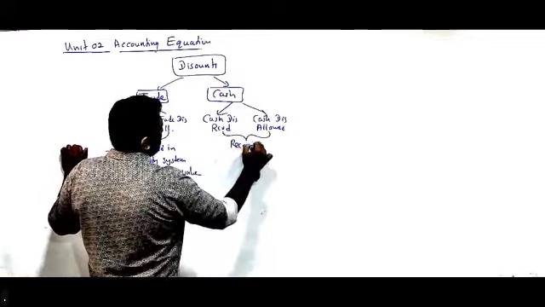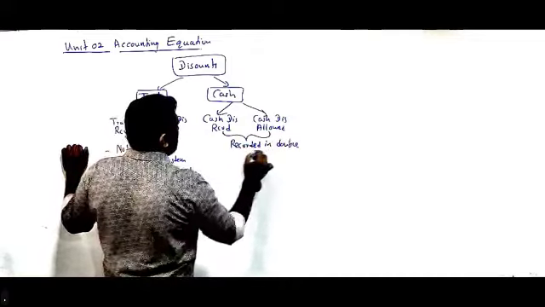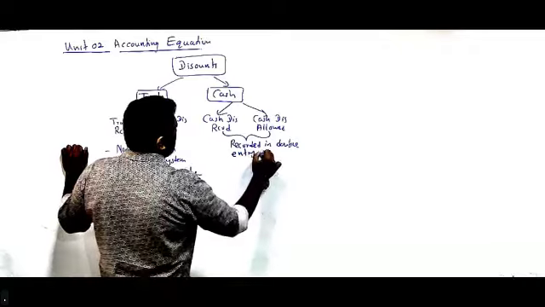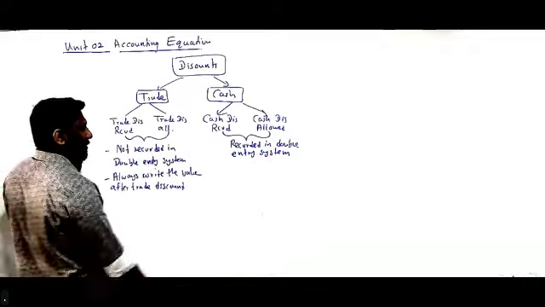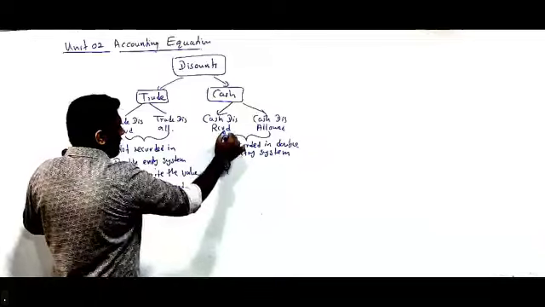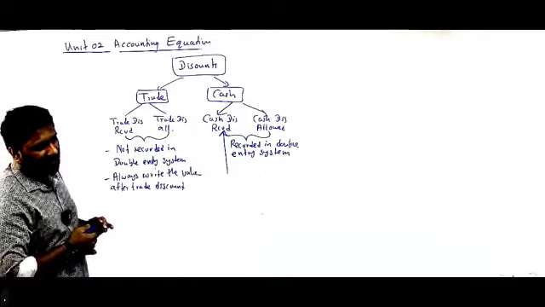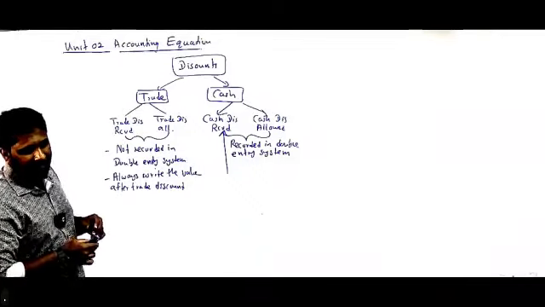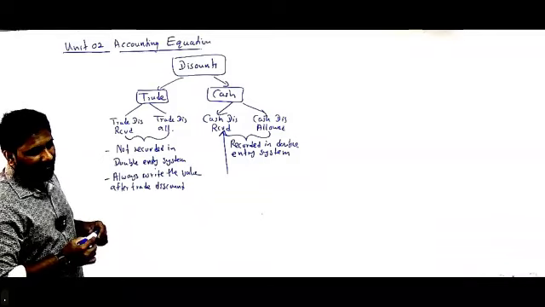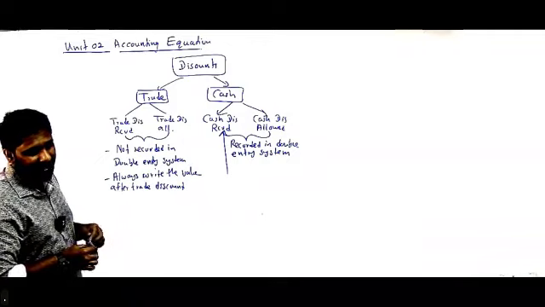Recorded in the double entry system. Cash discount received is recorded as what in the double entry system? Cash discount received is recorded under what element?